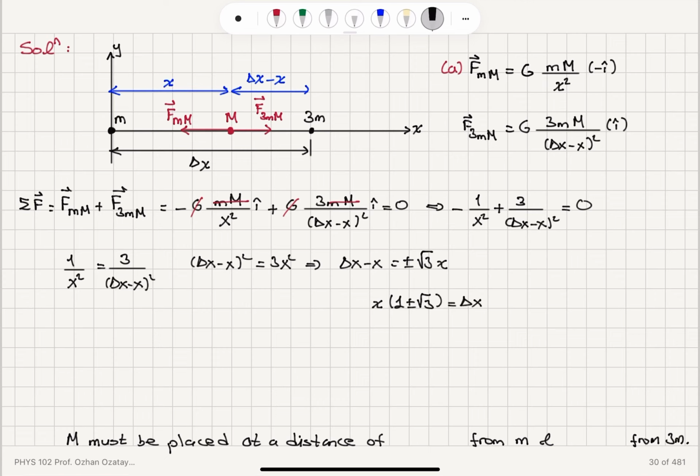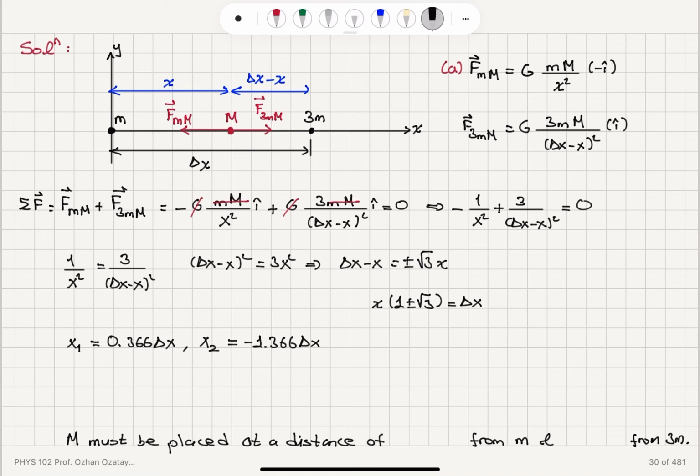Which one should I take? The first possible root, x1, is 0.366 delta x, for 1 plus square root 3. And the second one, the minus root, x2, is minus 1.366 delta x.